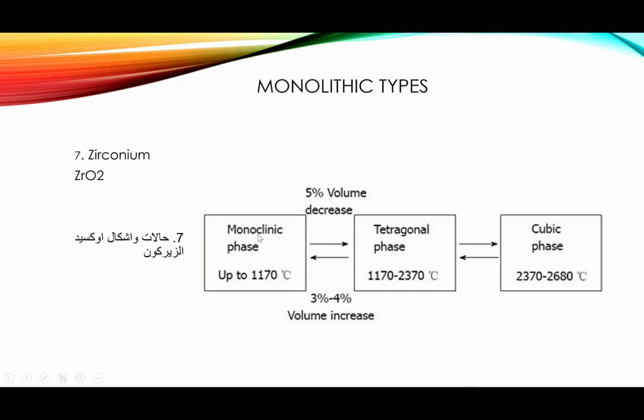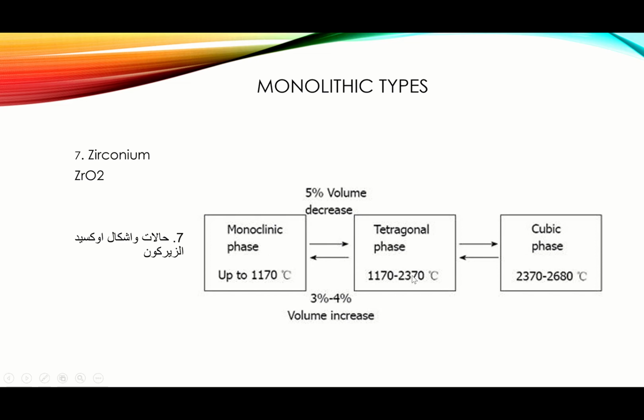Now, this phase, the monoclinic phase, exists up to 1170 Celsius, all right? So from room temperature to 1170, all you have is monoclinic. Say that you heated this zirconia product, it will deform from monoclinic phase to tetragonal phase.